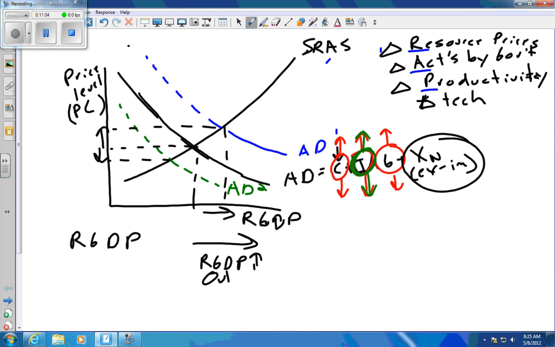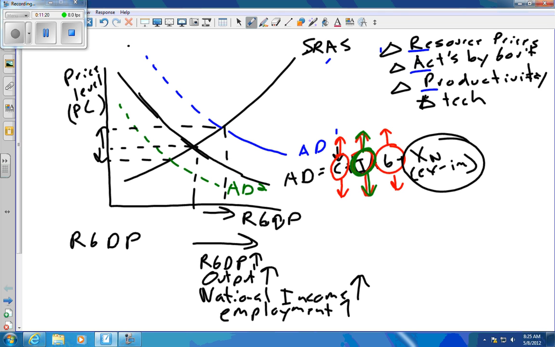That also means output is increasing, national income is increasing, and employment is also increasing. Or you can think about it as unemployment decreasing. Those are all logical assumptions you are allowed to make as you move right along the horizontal.